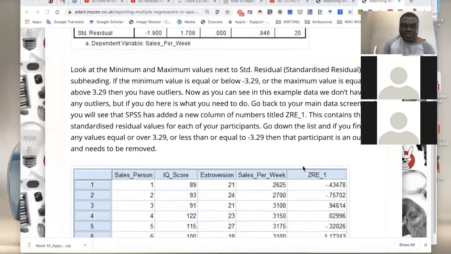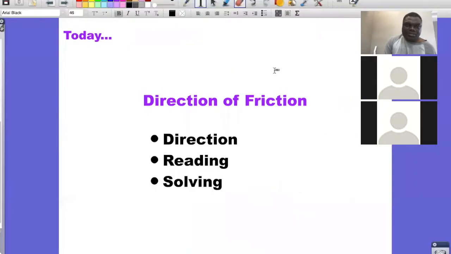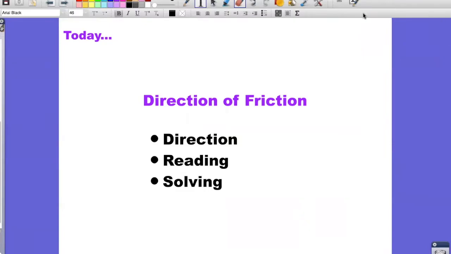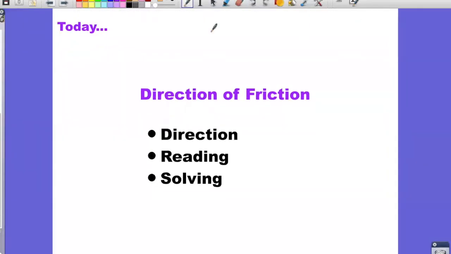So without much ado, I'm going to go straight to the topic of today. We are talking about direction of friction, which should be a very easy topic to comprehend.